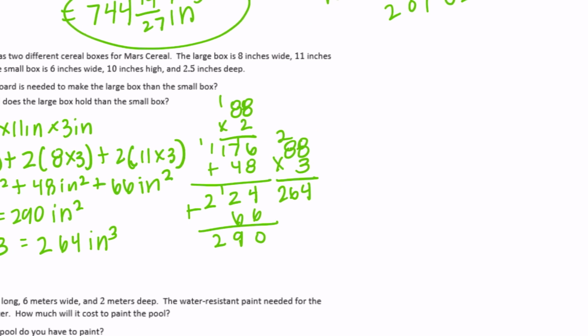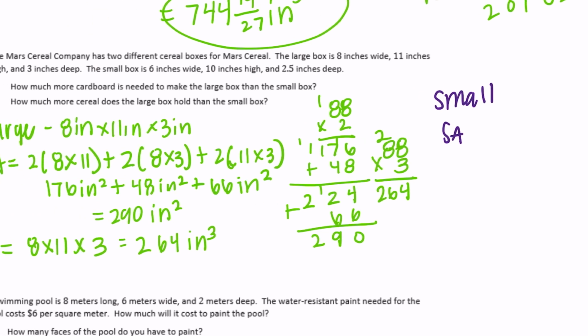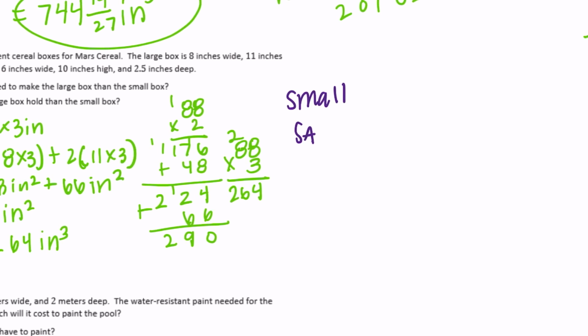Now let's do the small box. Start with the surface area. So the small box is 6 inches by 10 inches by 2.5 inches.